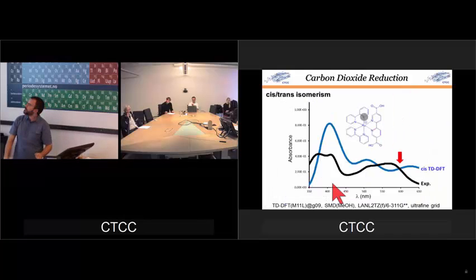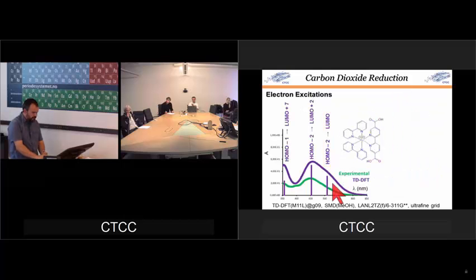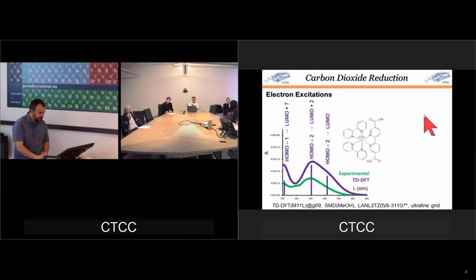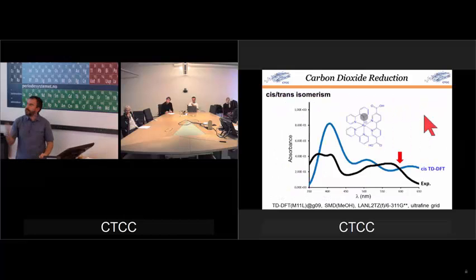The other thing is that, okay, we come back to this. As I said, we're not very happy with these two cases, but we managed to fix this one. So what was going on there was the following. Of course, the other thing that you can use TD-DFT calculations for is to assign structures. In this case, we started by assuming that we had this cis isomer.